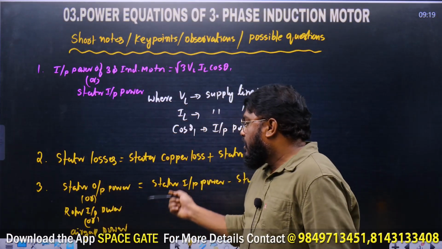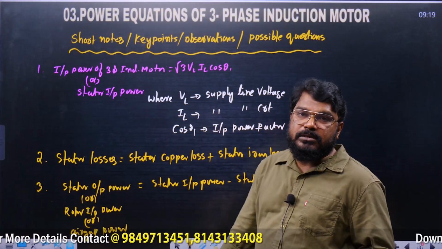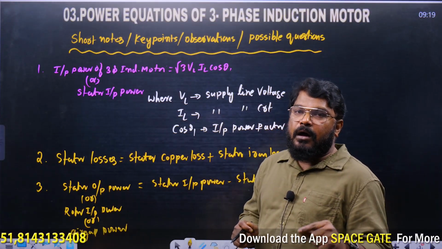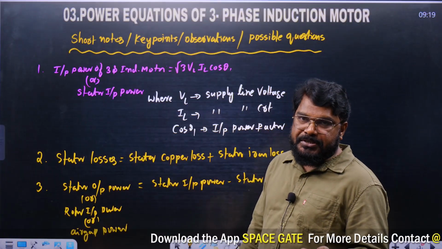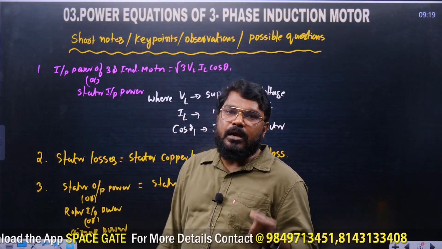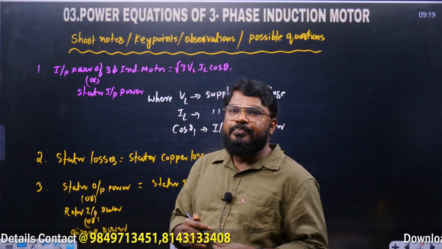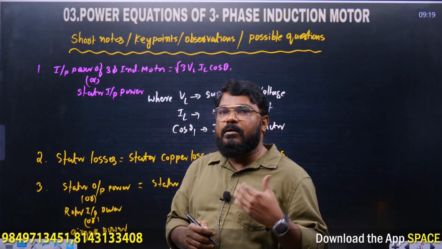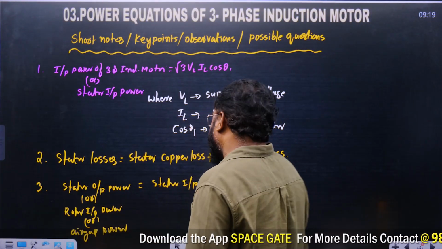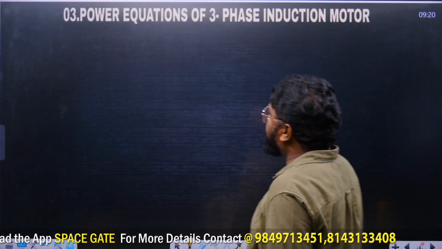So this is the stator output power in terms of the stator input power and the stator losses. Sometimes, in some questions, the rotor parameters are given, and then we need to calculate the rotor input power from them. So the fourth observation is the following.